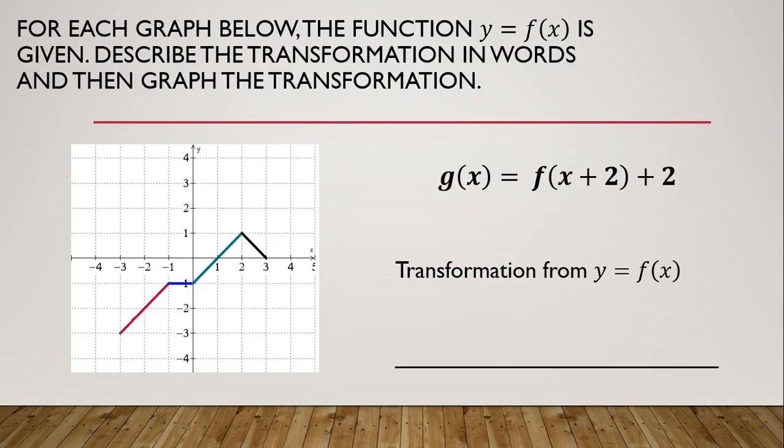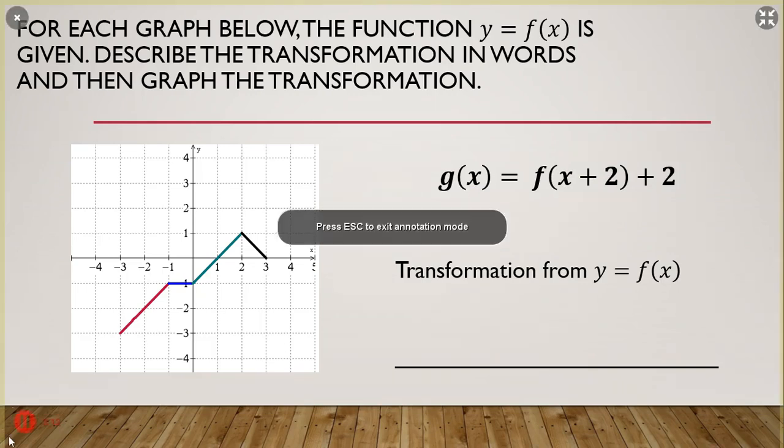And now we're going to graph g of x. Well, let's look at the two transformations that we need to do to f of x in order to achieve g of x. Well, first of all, we should see that h equals -2.